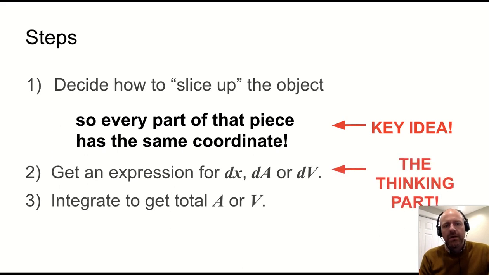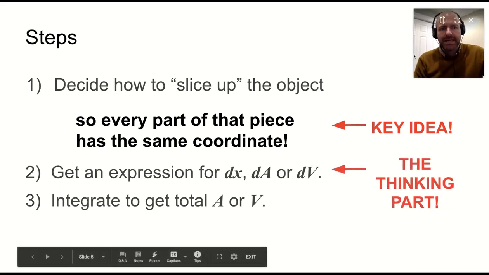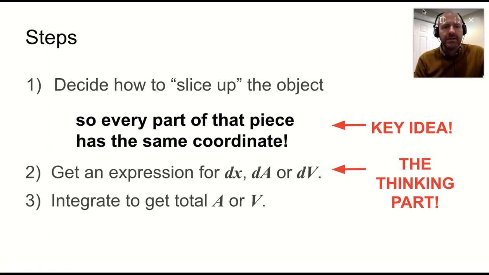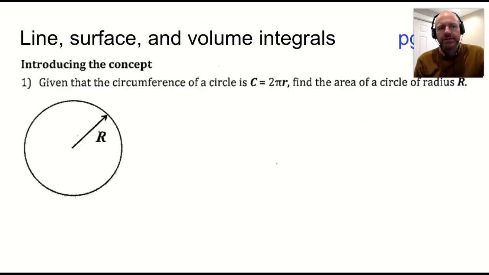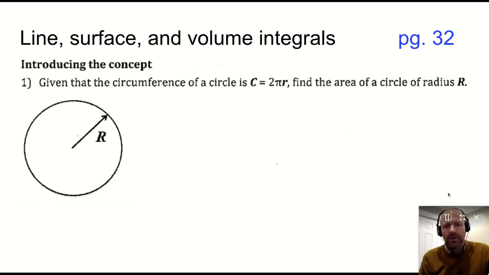The thinking part is to do this expression for dx, dA, dV, the spatial variables, because you can't integrate with respect to mass. This is all on page 32 in your packet if you want to follow along.